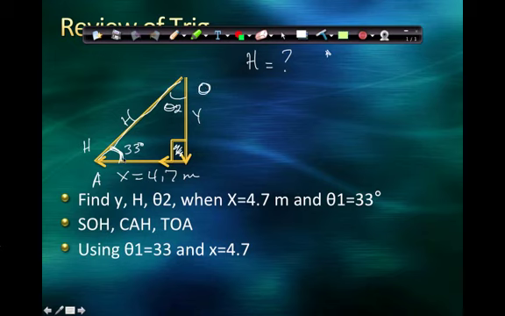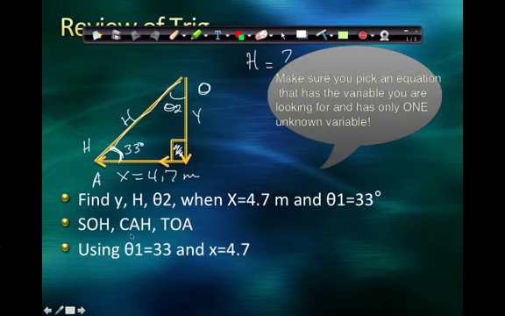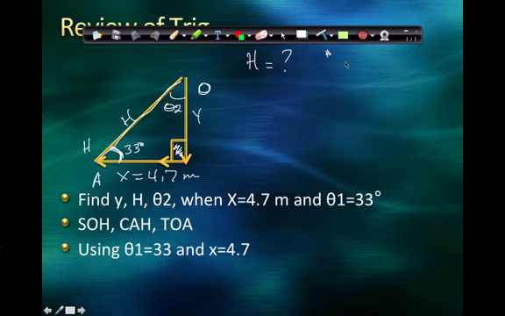Okay, so now I've identified my sides. I know that I'm looking for h, and I have x right here. So since I have the adjacent, and I'm looking for h, I would like to have an equation that has both the adjacent and the hypotenuse. So when I look at SOH, which is sine of theta equals opposite over hypotenuse, I have theta, which is 33 degrees.